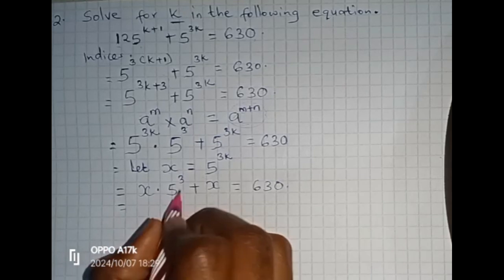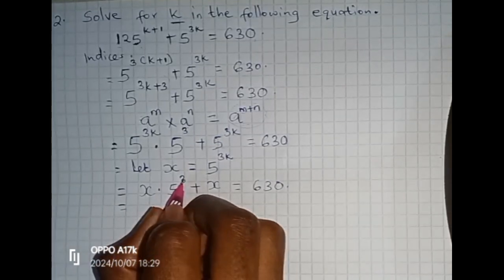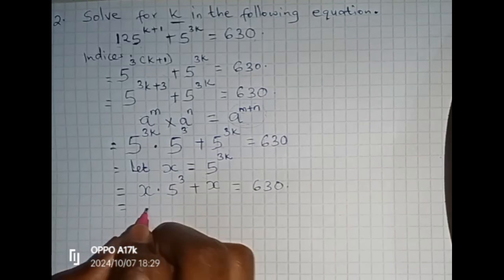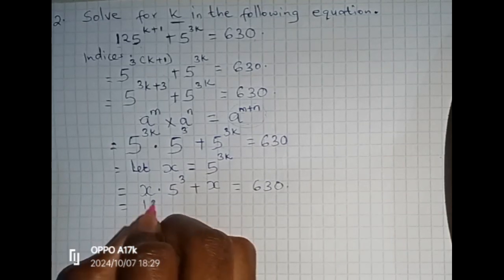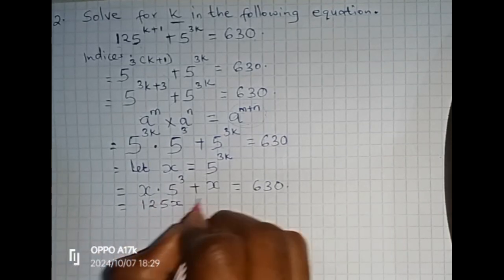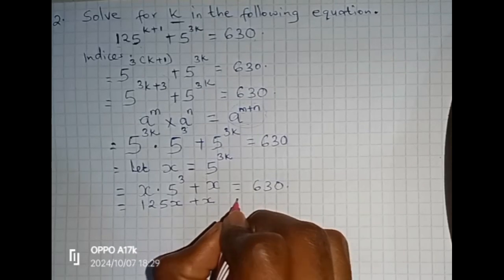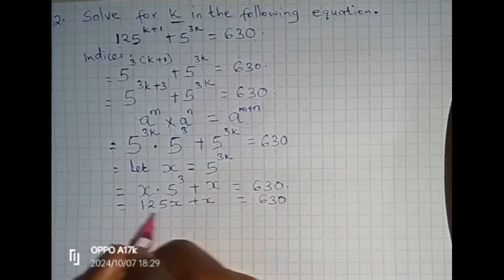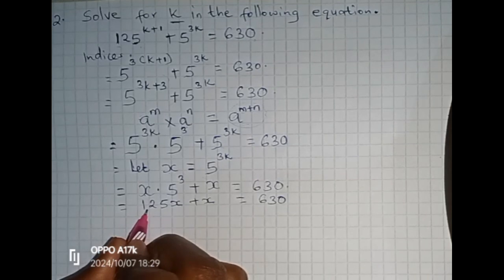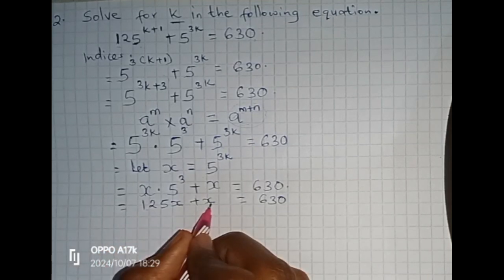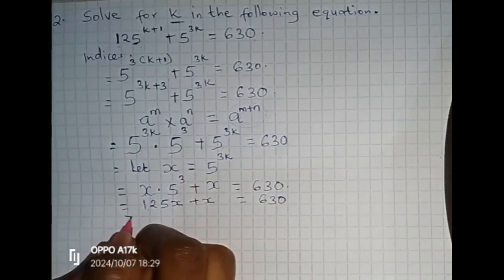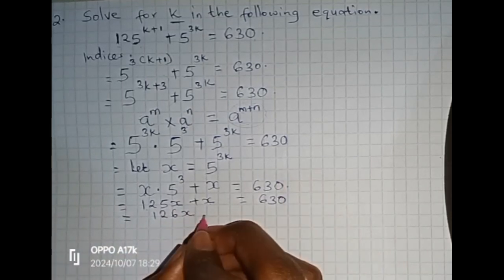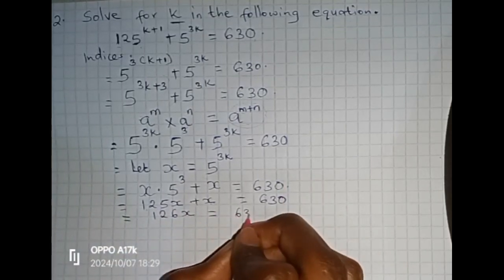Since we know 5 to the power of 3 is 125, this becomes x times 125, which is 125x, plus x will be equal to 630. Adding 125x plus x, we get 126x. This is equal to 630.